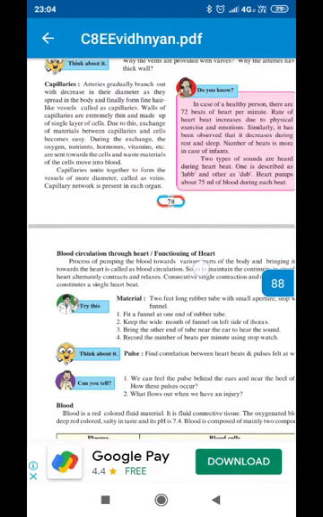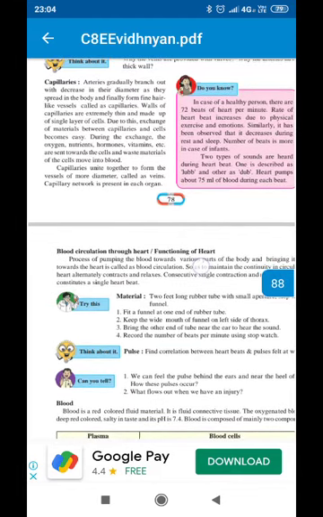So the capillaries play an important role in circulation. Capillaries carry all important substances to the cell, and the cell gives out the waste or harmful materials which may affect our body, and these go into the blood.